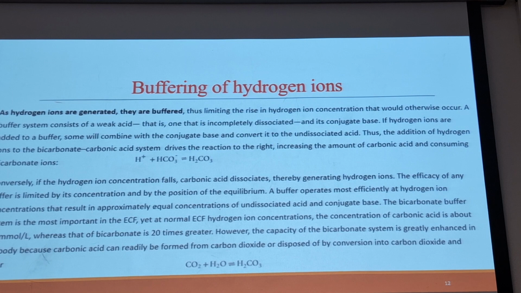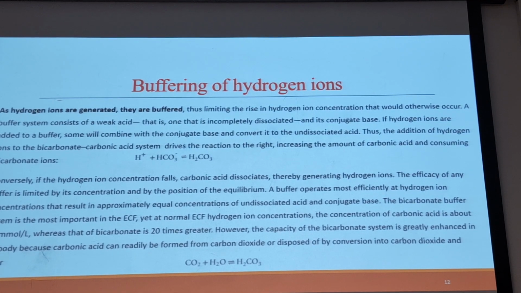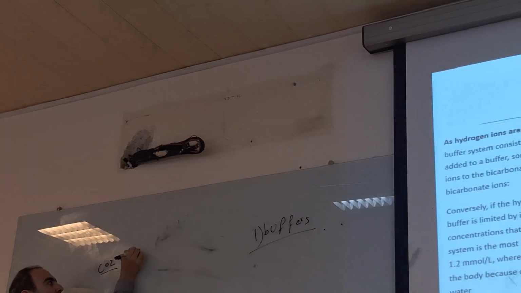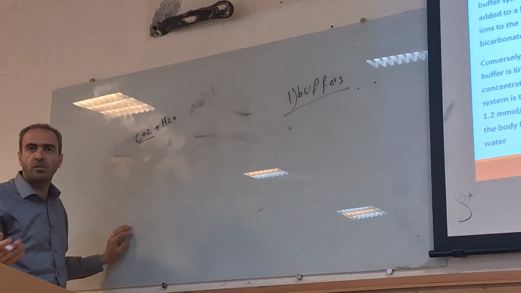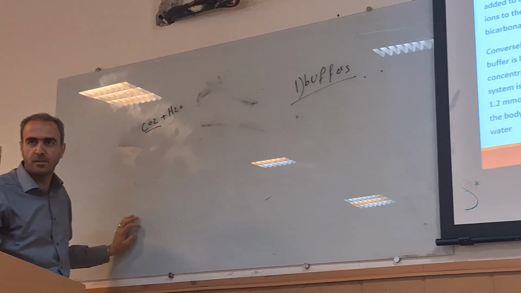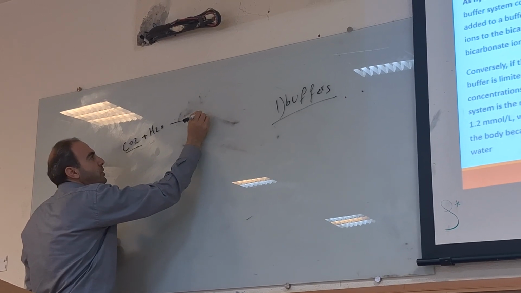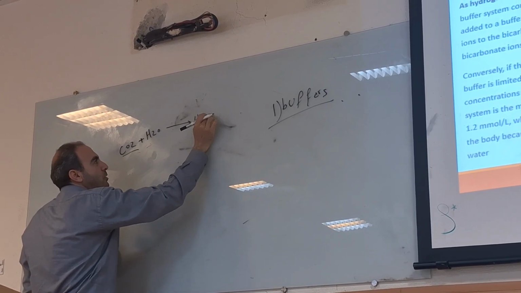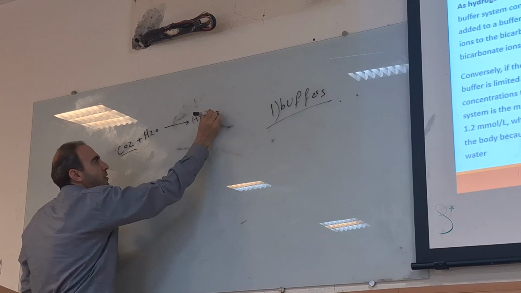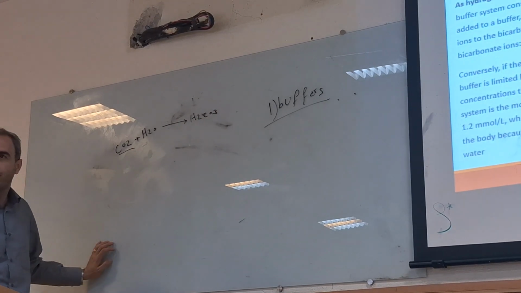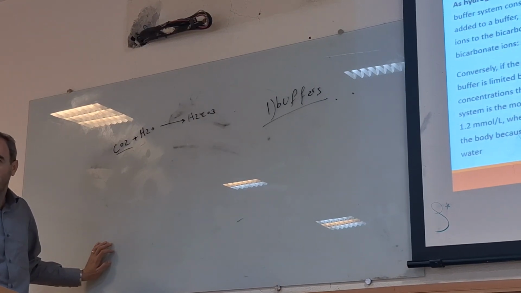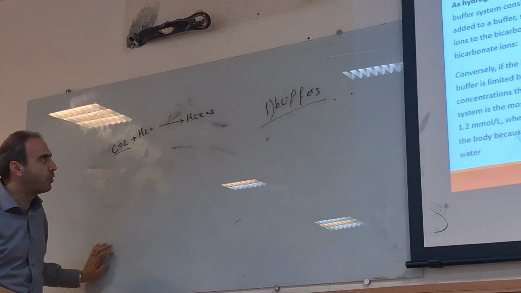Then this CO2, in our tissue, what do we have? Water. Water is present everywhere. So these two together convert to H2CO3, carbonic acid, bicarbonic acid. You know about it.